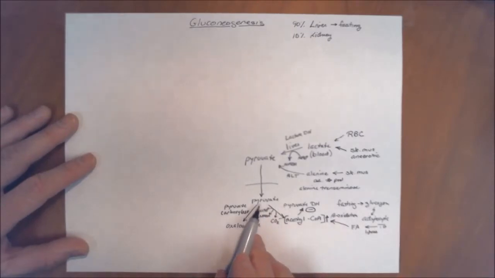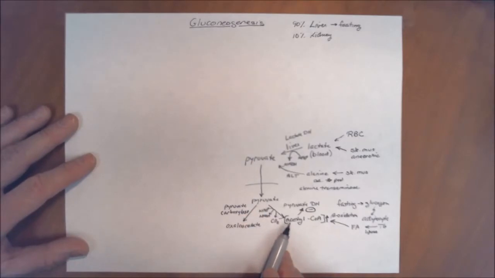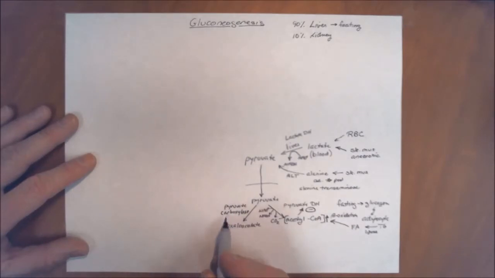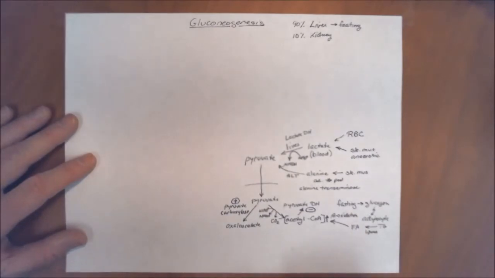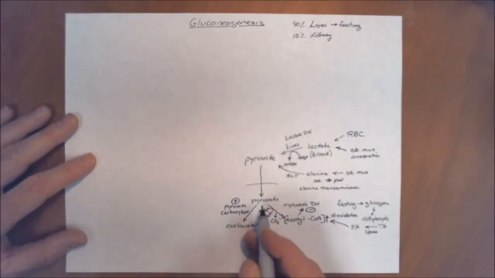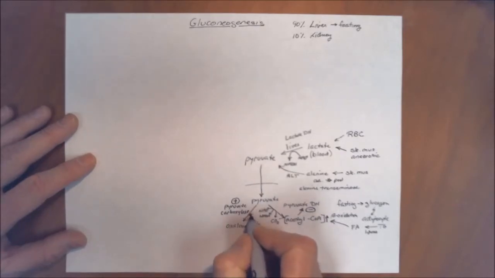That prevents pyruvate from being transformed into acetyl-CoA. Once we have a buildup of pyruvate, what do we do with it? Well, we have pyruvate carboxylase. Under these conditions, high concentrations of acetyl-CoA will activate pyruvate carboxylase. That will turn pyruvate into oxaloacetate.